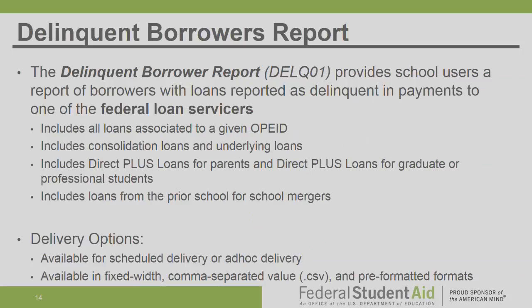So the next report we have is the delinquent borrowers report. And the delinquent borrowers report is designed to specifically identify borrowers that are at a certain point of delinquency. So all the information that's available in the delinquent borrowers report is also available in the school portfolio report, but this is only going to identify delinquent borrowers.